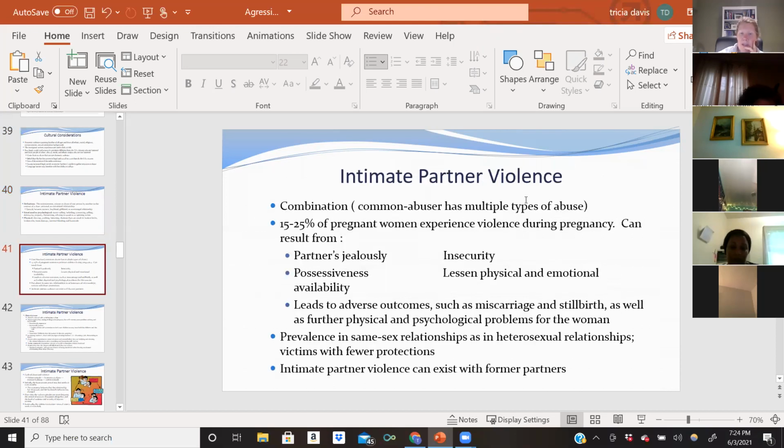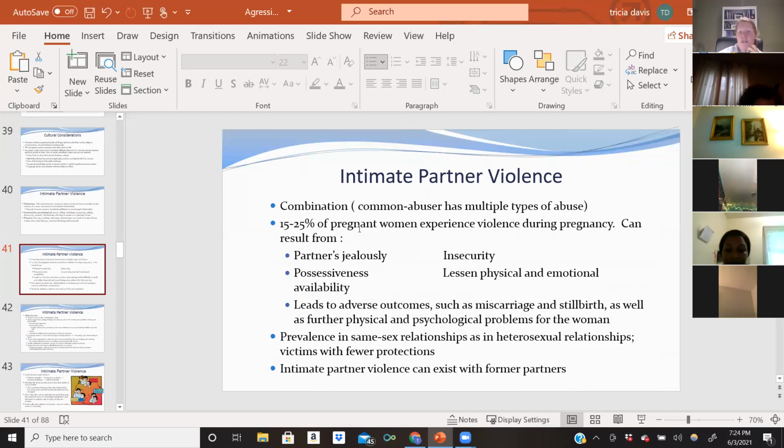So just some statistics. Usually what studies show is that the abuser has multiple types of abuse. So it could be physical and emotional. Usually they have multiple components. Pregnant women suffer from an increase in violence during pregnancy.